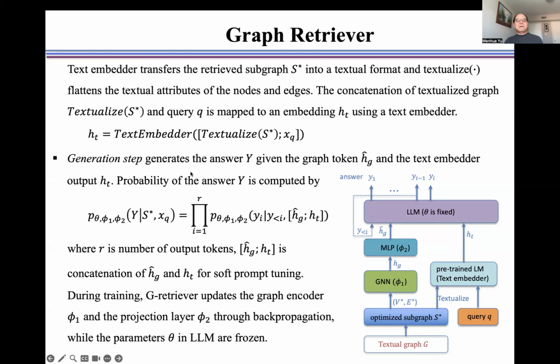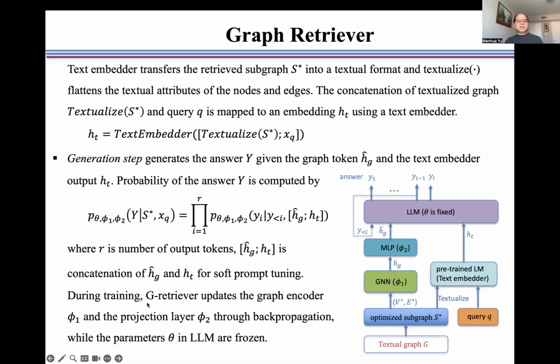The generation step generates the answer Y given the graph token and the text embedder output. The probability of answer Y is computed by using this formulation, where r is the number of output tokens. This is the concatenation of HG hat and HT for soft prompt tuning.